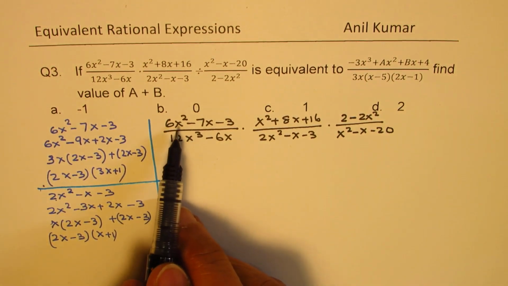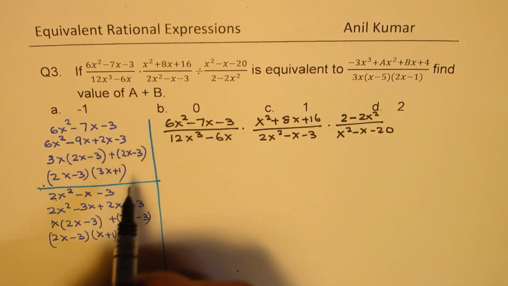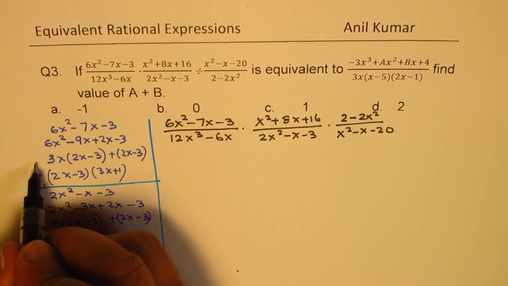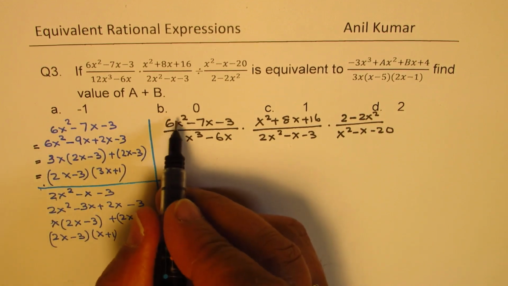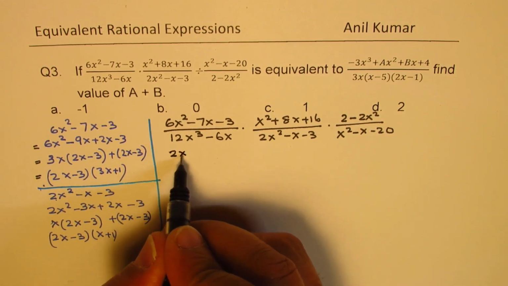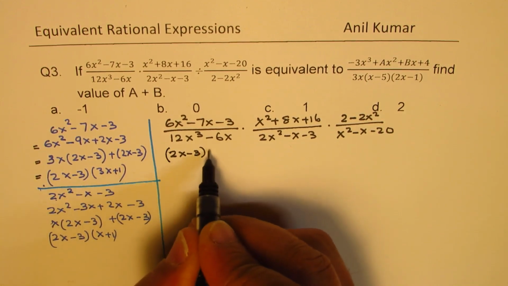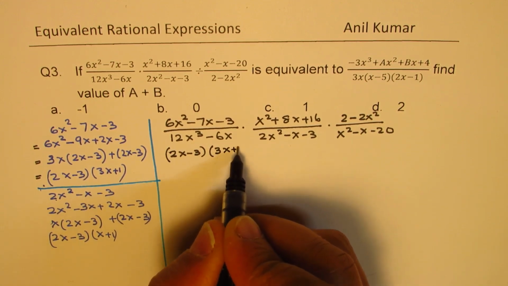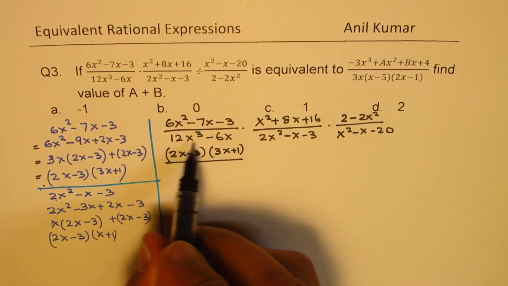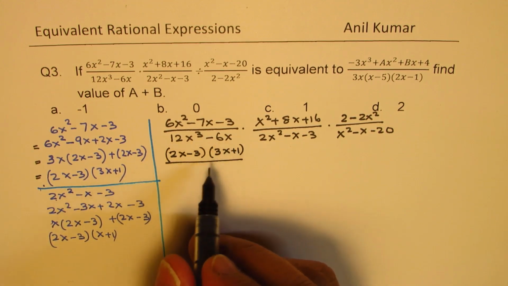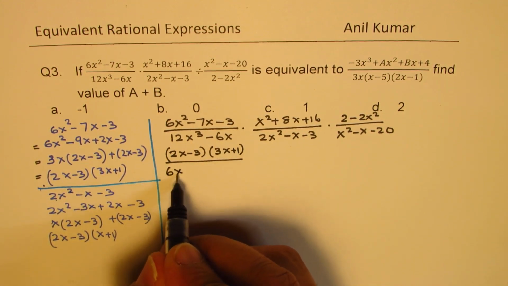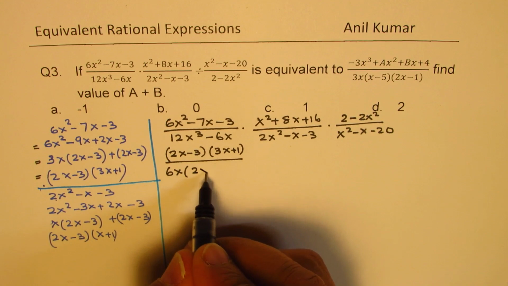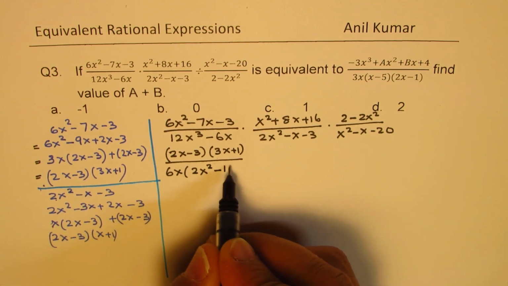Clear? Now 6x squared minus 7x minus 3 is equal to this, correct? So we'll write this numerator as 2x minus 3 times 3x plus 1. Denominator, 12x cubed minus 6x, we can take 6x common, so we get 2x squared minus 1.